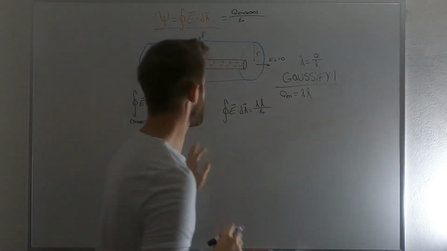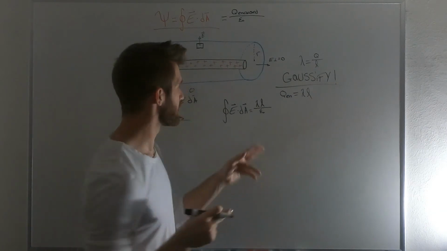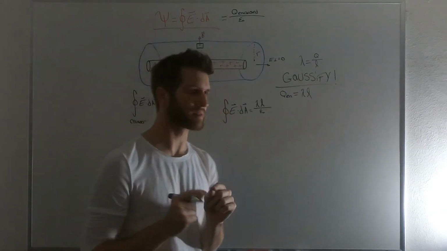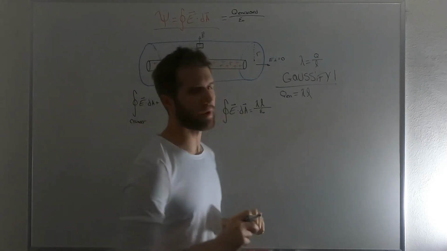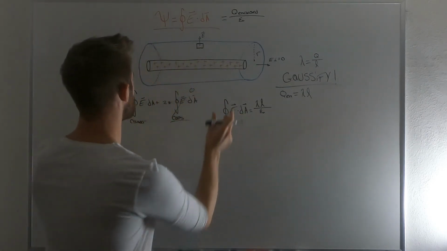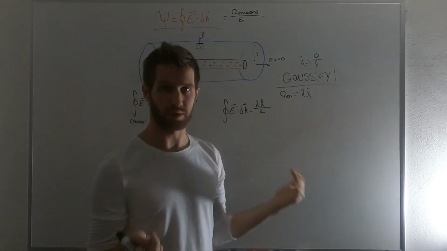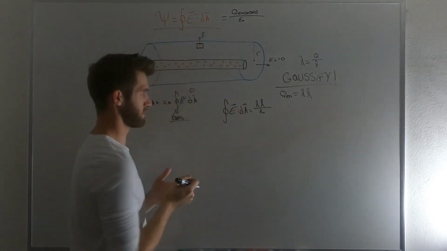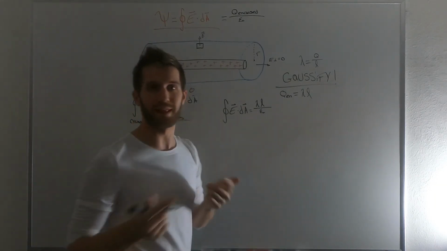In this situation, as I've already stated, the electric field is constant. So we can pull that out and just fill in what our area is. Since we're not using these portions, we're neglecting the 2 pi r squared portions. All we need to concern ourselves with is the area that's equal to 2 pi r times the length.